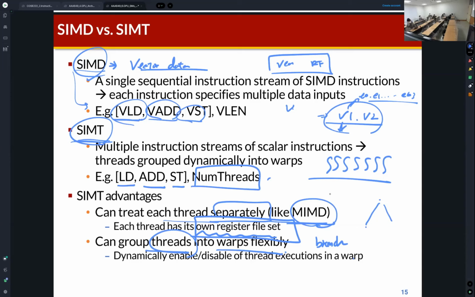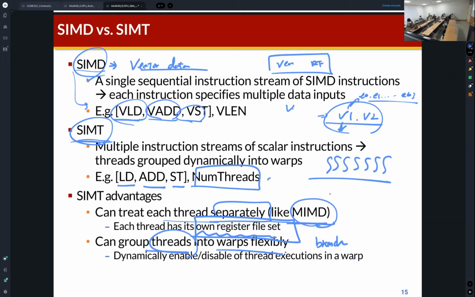In order to support these branch instructions efficiently, the CPU applies architectural ideas such as speculative execution or prediction. But GPU does not have any speculative execution or prediction, yet GPU supports branch instructions.